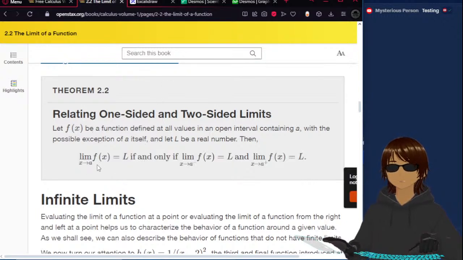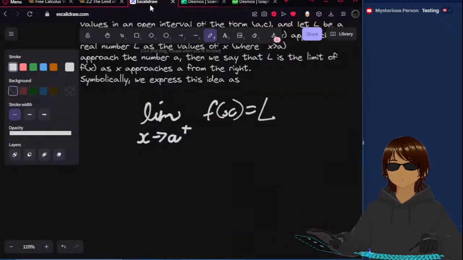So a limit overall exists if it exists from both sides. I can write that here.